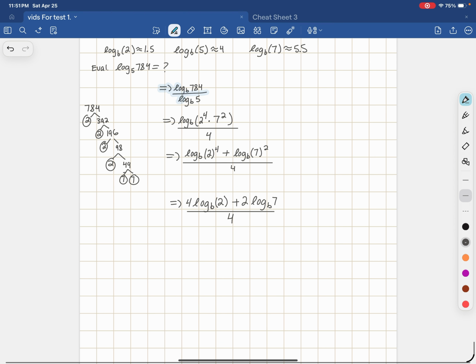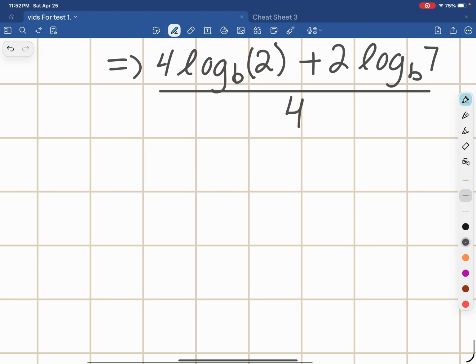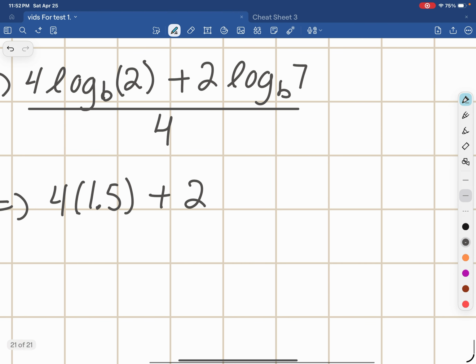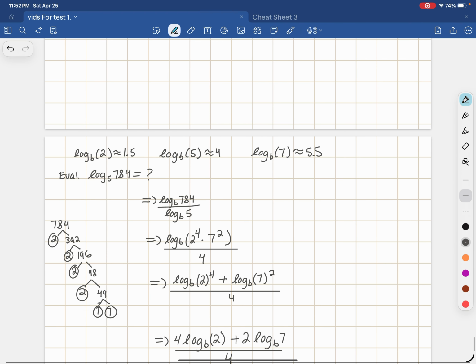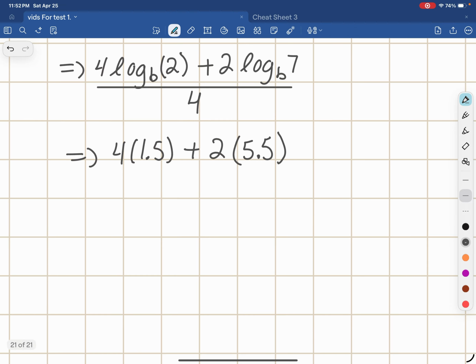And from this point on, it just becomes a plug and chug problem, right? So log base b of 2 is 1.5. So we should have 4 times 1.5 plus 2 times log base b of 7, which is 5.5, all over 4.